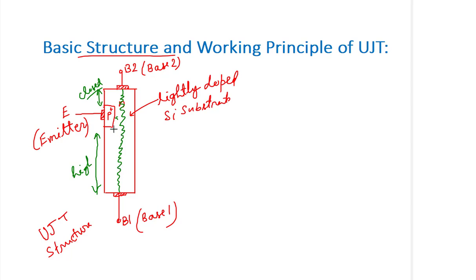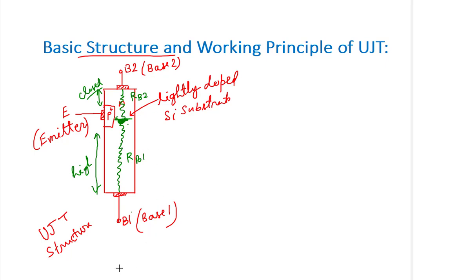But this resistance has two parts, in two directions. The emitter to base 1 resistance is RB1, and the emitter to base 2 resistance is RB2.